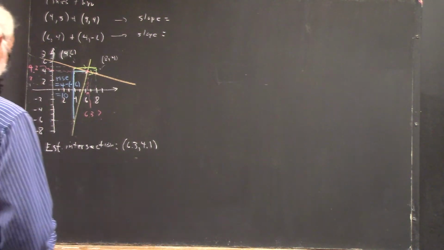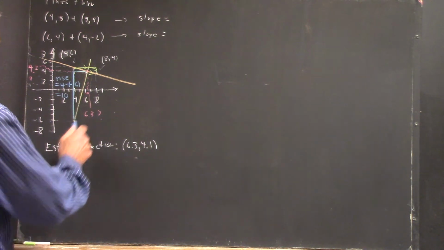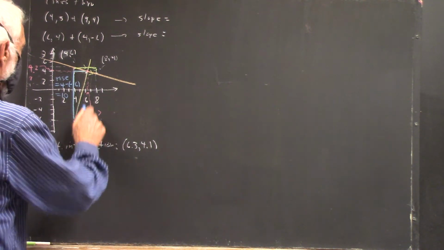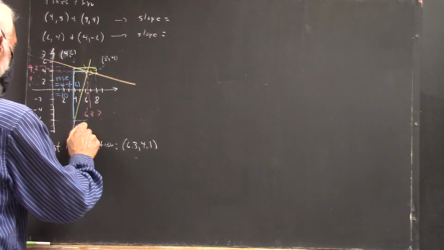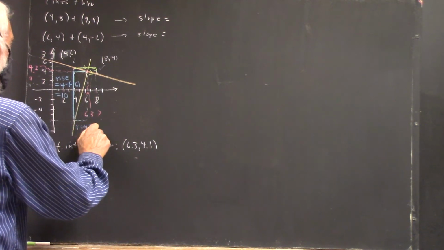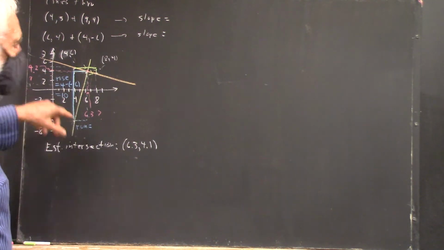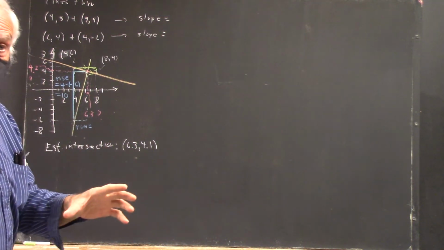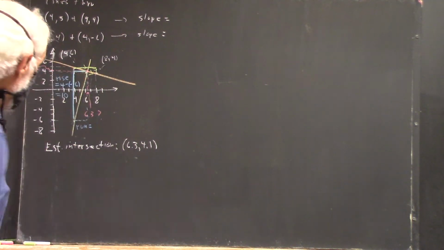I want to see the fundamental triangle, okay? And for the run, I'm going to draw another fundamental triangle down here. I'm drawing the rise on one triangle and the run on the other just because it's easier to label that way. Everybody understand what I'm doing? The run here is going to be the same as the run here.